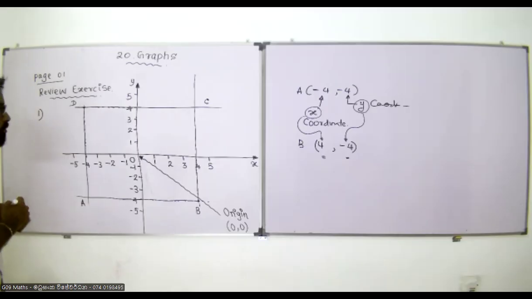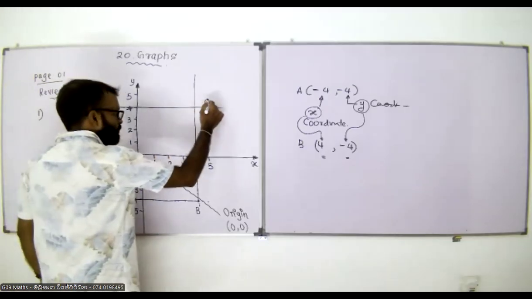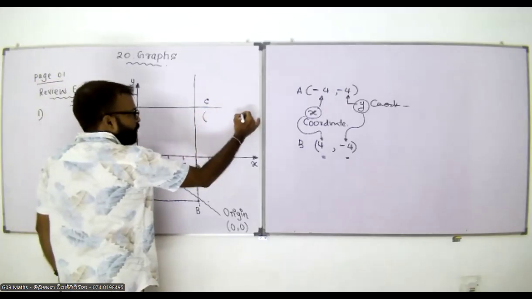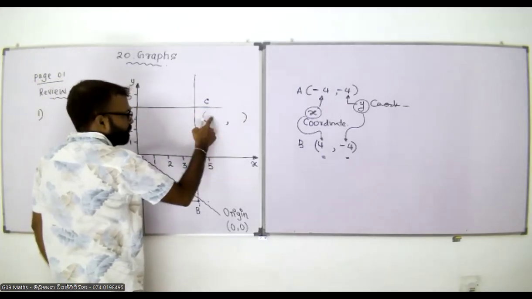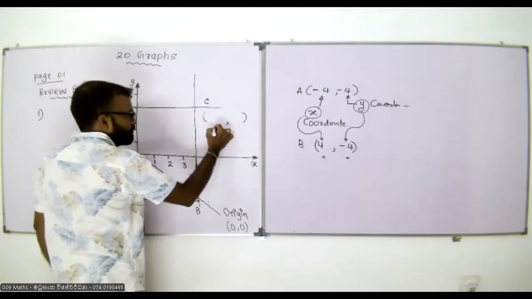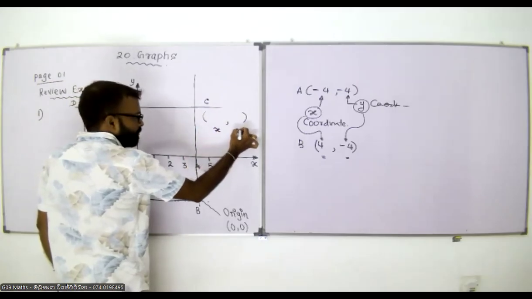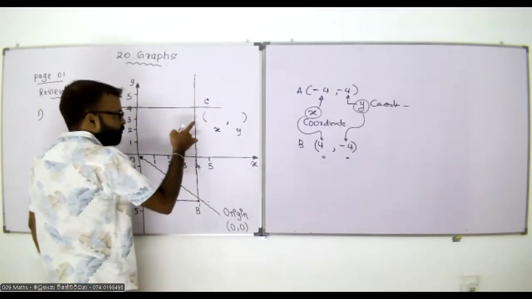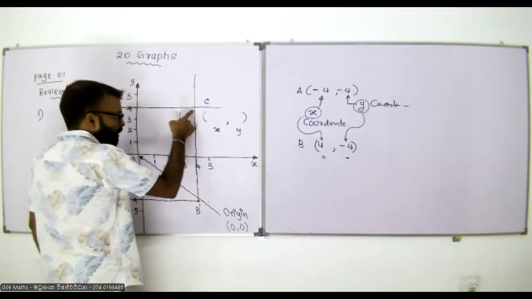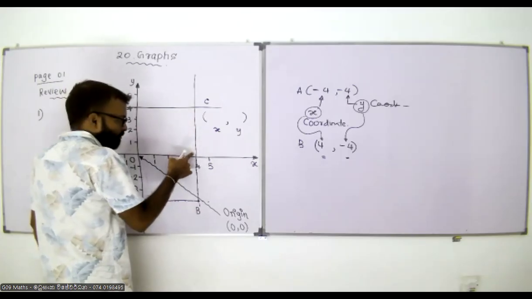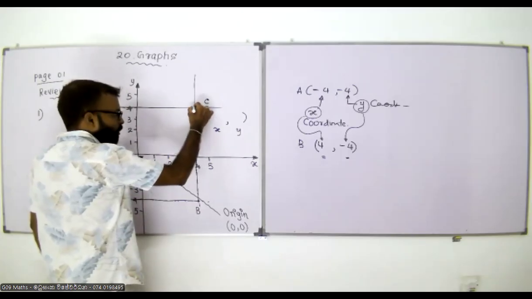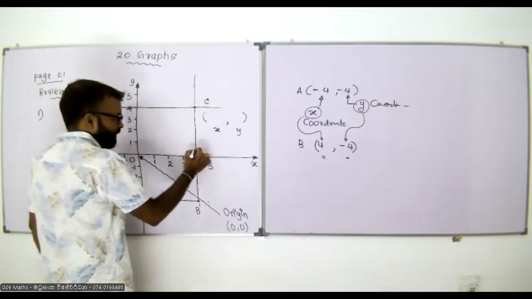Now you are going to write down the coordinates of point C and point D. You might have an x coordinate and a y coordinate. First of all, here you should write the x coordinate, and here you should write the y coordinate. For the x coordinate, come down from point C until you meet the x-axis.